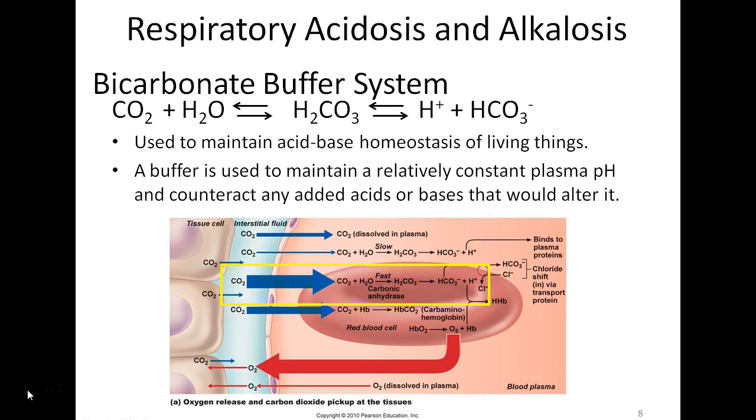So for example, if we add extra acid to this situation, the bicarbonate is then going to bind the excess hydrogen ions, and it's going to create a weak acid H2CO3. When the opposite occurs, if we add a base to the situation, then the weak acid H2CO3 is going to release those hydrogen ions.